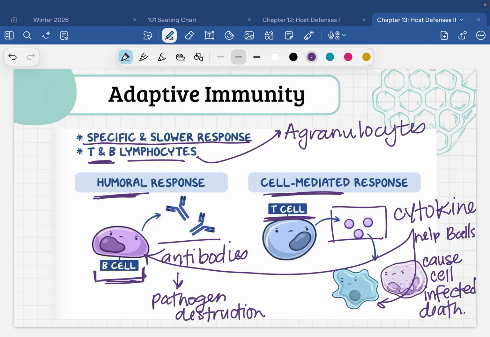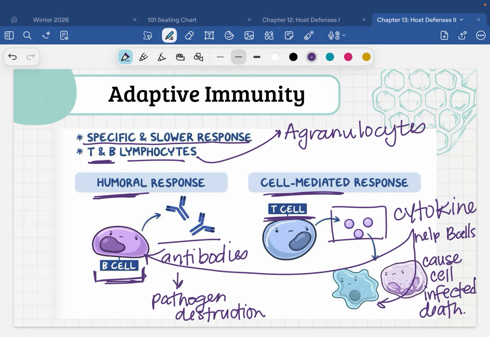Cells that are infected within our human body, it is going to cause direct death of those cells, which in turn leads to the death of the microorganisms that are inside of those cells.